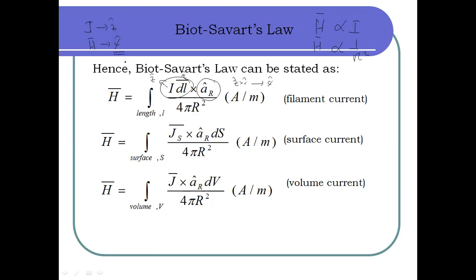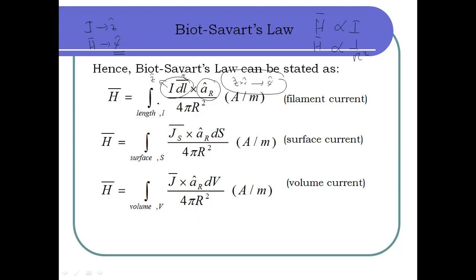Biot and Savart. I believe you have understood this concept of cross product in our lecture number 1 on vectors. If you forget about this, please refer back to the slide in lecture 1 on how Z cross R can give us phi.